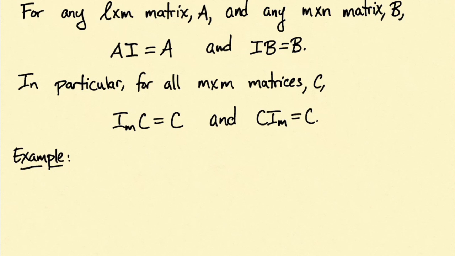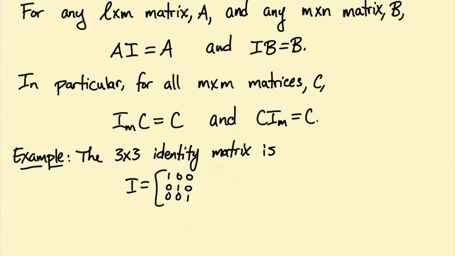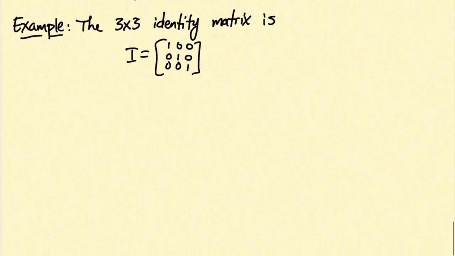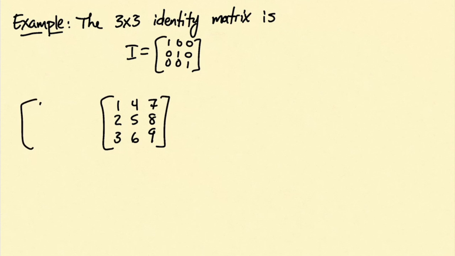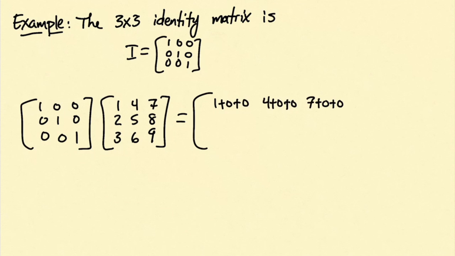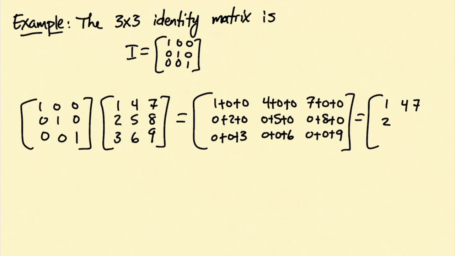For example, the 3 by 3 identity matrix, I, has 1s down the diagonal and 0s everywhere else. If we take the matrix whose entries are 1, 2, 3, 4, 5, 6, 7, 8, 9, and we multiply this matrix on the left by I, we can see the result is exactly the matrix that we started out with.